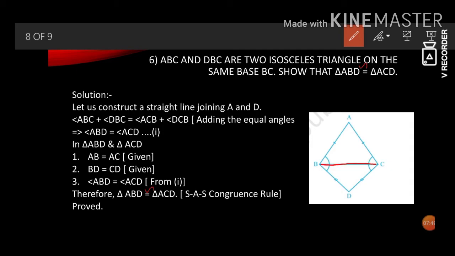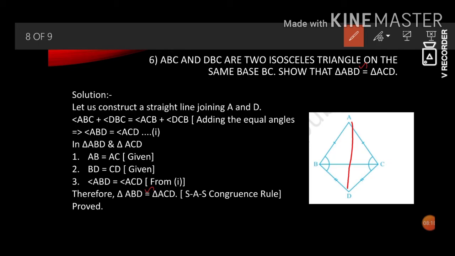So we have to show that the triangles ABD and ACD are congruent to each other. Before we start, we need to construct a line AD, so we will join the points A and D.